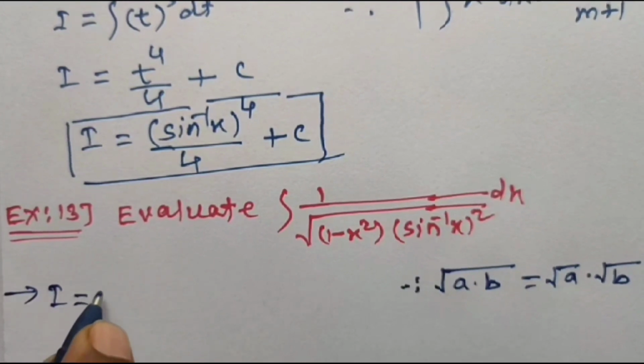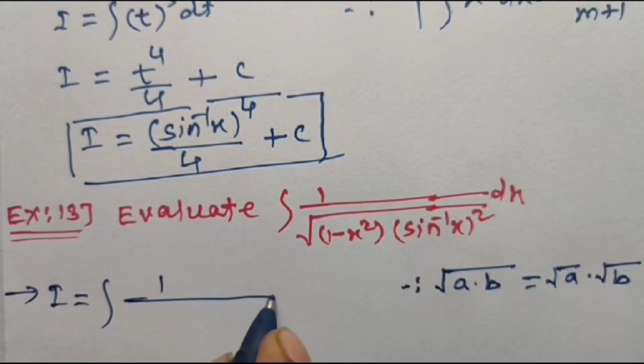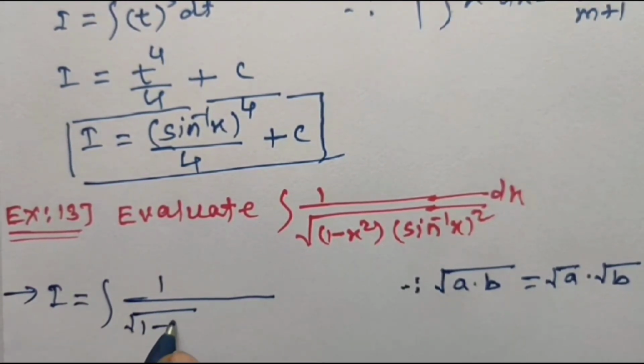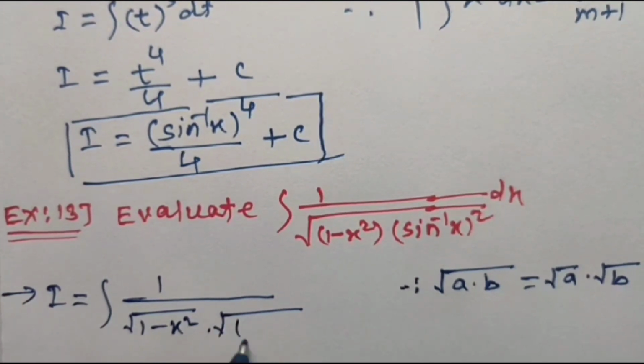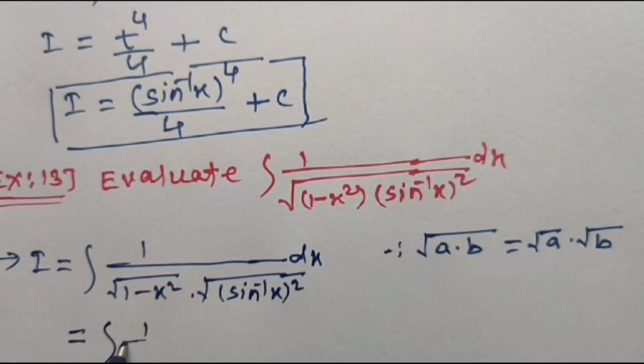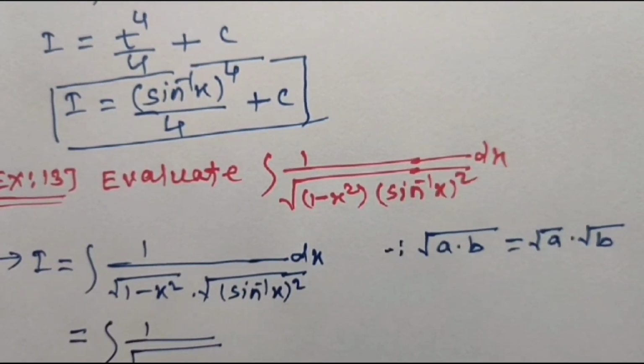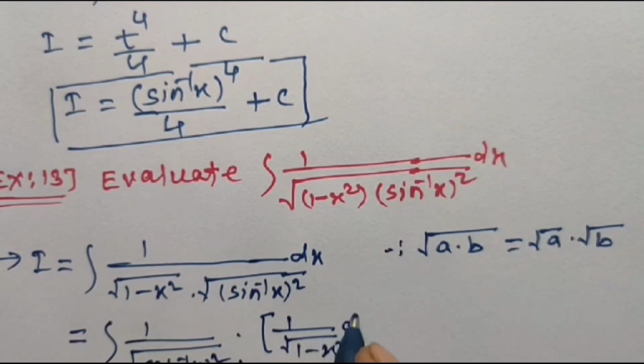I is equal to the integral of 1 upon square root of 1 minus x square into square root of (sin inverse x) square, with respect to x. Now, 1 upon square root of (sin inverse x) square into 1 upon square root of 1 minus x square dx.